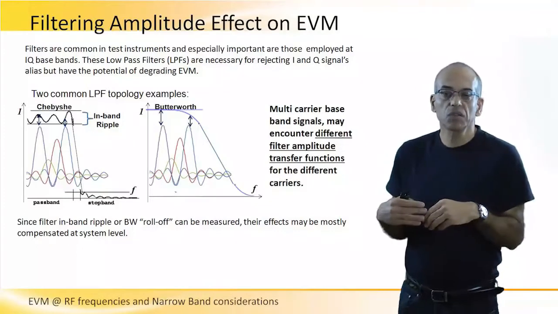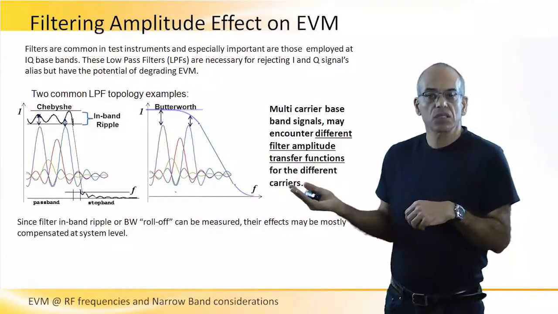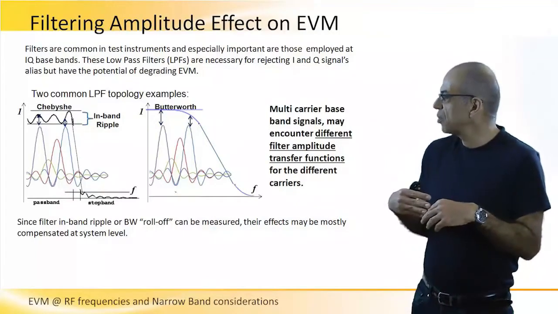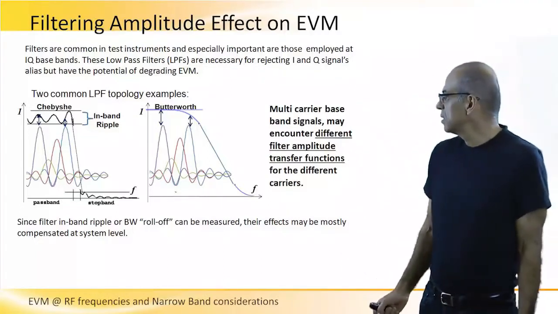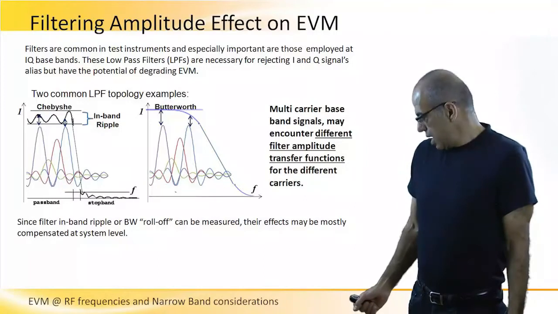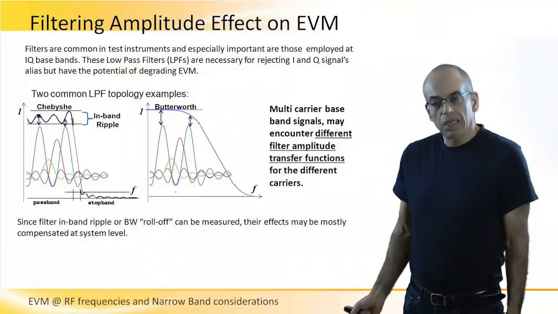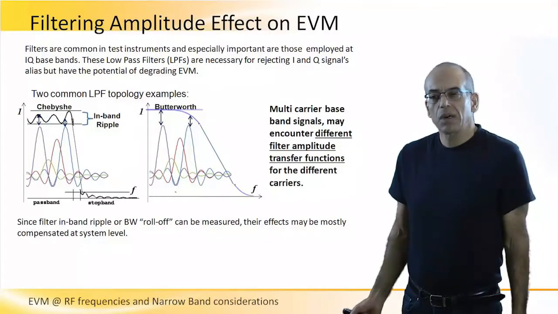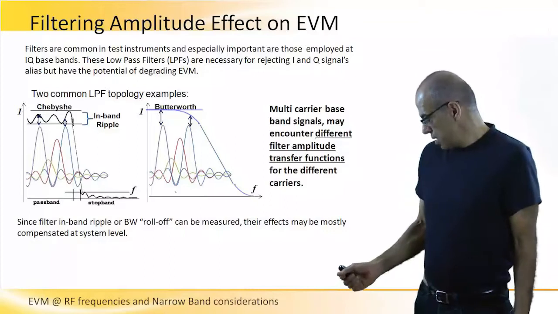In transmit mode, we usually want to reject the alias. So baseband filters are employed both in transmit and receive chains, and because they're usually the narrowest filters in the chain, they are of highest interest.